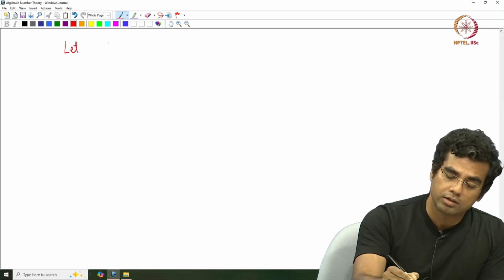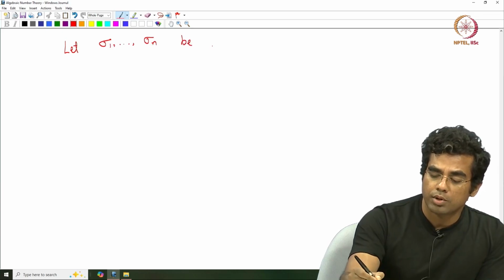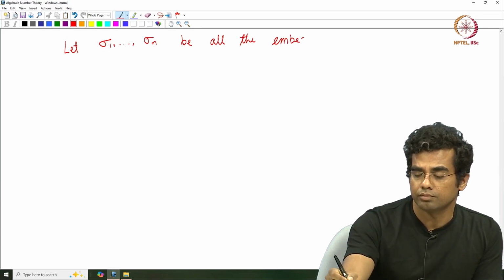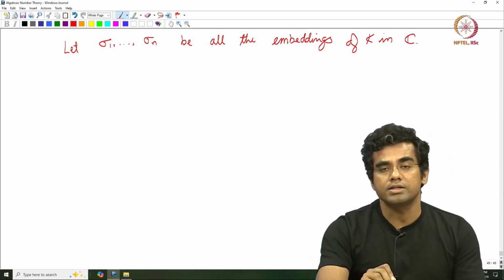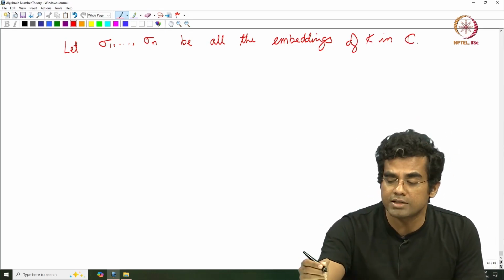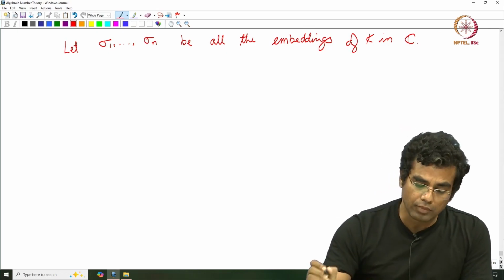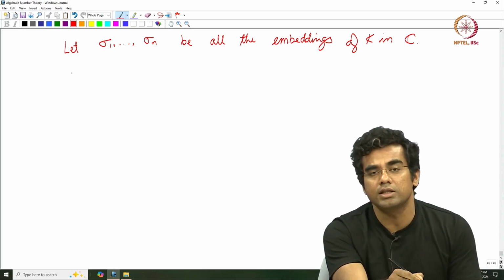Okay. So, let sigma 1 up to sigma n be all the embeddings of K in C, right. K has degree n over Q. So, there will be exactly n embeddings. Out of this there are some real embeddings. Okay.